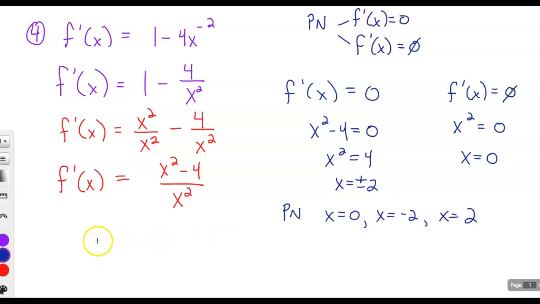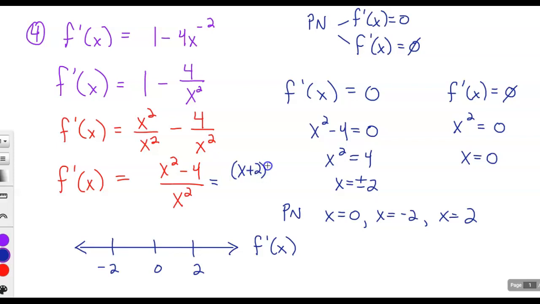Now, to make our number line, we don't actually even care if these are critical values yet, because when you make your number line for your derivative, you always include all the partition numbers, whether they are critical values or not. So I'm going to go ahead and put all 3 partition numbers on there. The other thing I'm going to do is rewrite my derivative in factored form so that it's really easy to make a sign chart off of.